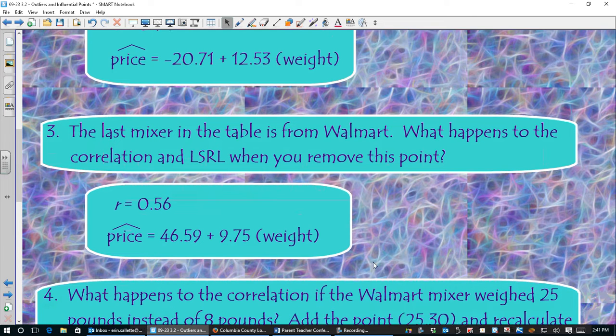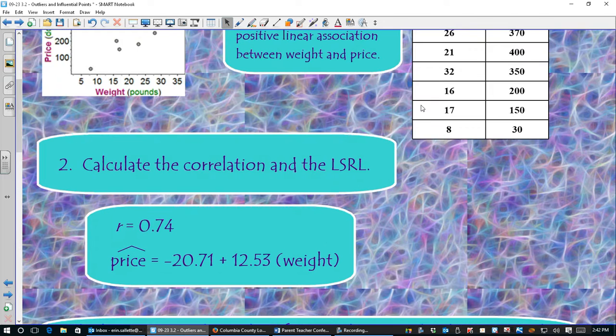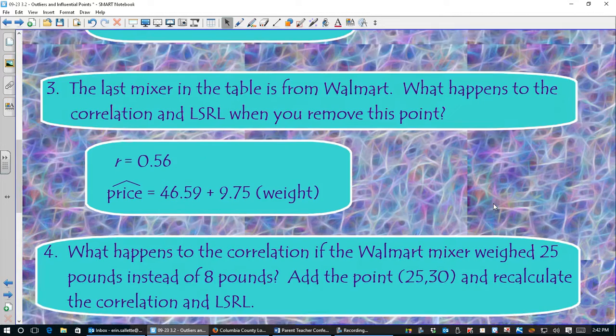Okay. So what happens to it if the Walmart mixer, instead of weighing 8 pounds, weighed 25? So instead of that last point being 8, 30 the first time you calculated, and then removed the second time you calculated, let's re-enter it, but instead of 8, it's 25.